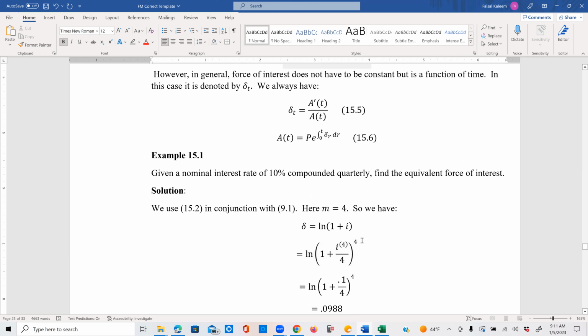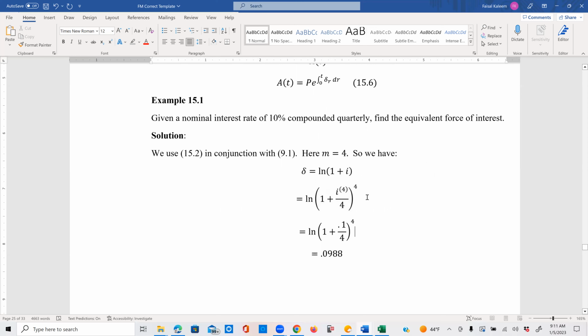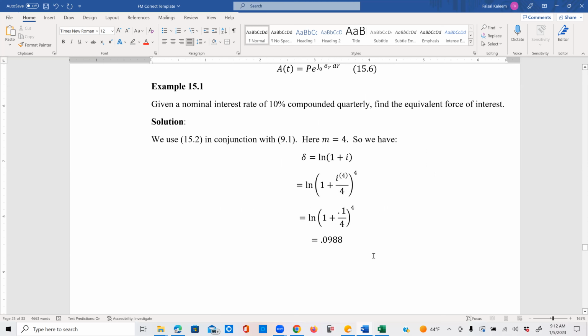So we have delta is equal to ln(1 plus i). That was 15.2. And 9.1 said that 1 plus i is equal to (1 plus i superscript 4 over 4) to the power 4. And so we replace the 1 plus i by that. And i superscript 4 in this case is 10%, which is 0.1. And so it ends up being 0.0988. So the equivalent force of interest is 9.88% in this case.